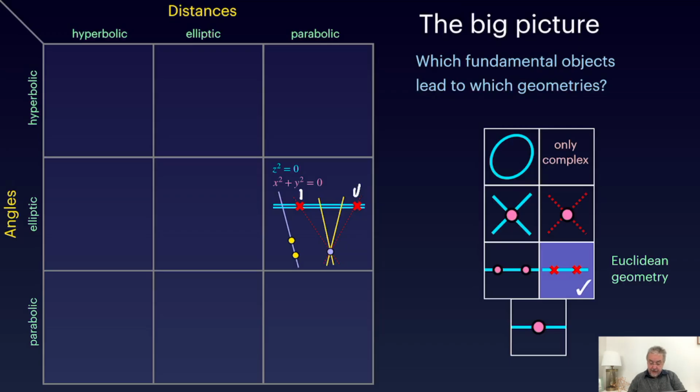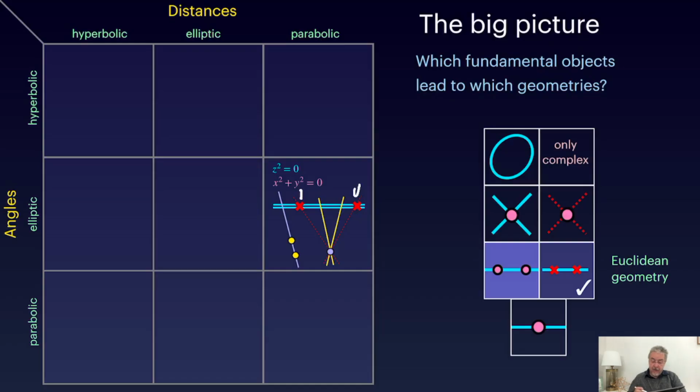So how to proceed? Let me proceed with a case that is in a sense a very close relative to this one, the case in which we care about this entry here in our table, where we have a double line and two real points on the double line.